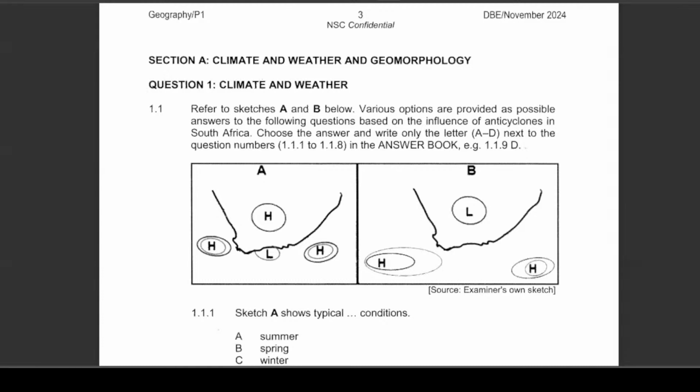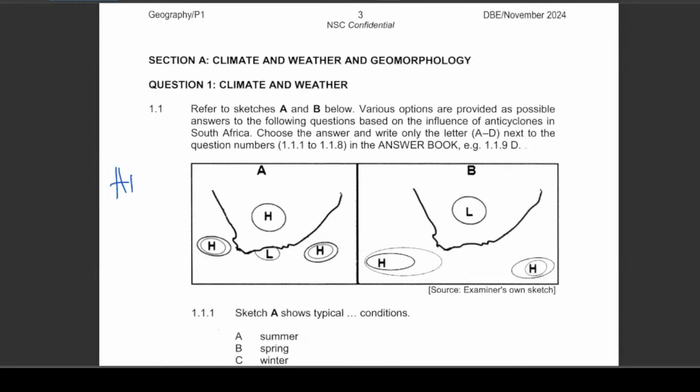Right. So I will briefly discuss the anticyclones so that when we are answering the questions, we would have given you the relevant content that will assist you. I will start with the anticyclonic conditions. When you talk of anticyclones, I think everyone has an idea of what an anticyclone is.